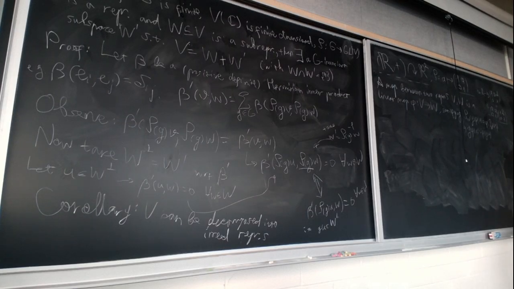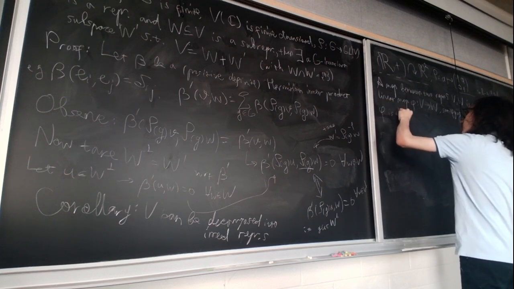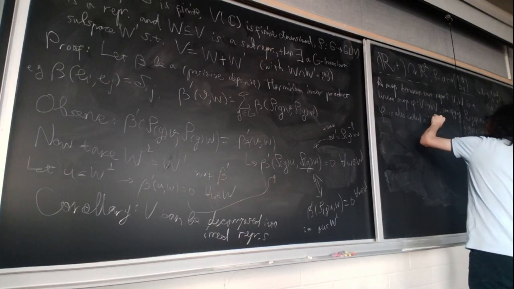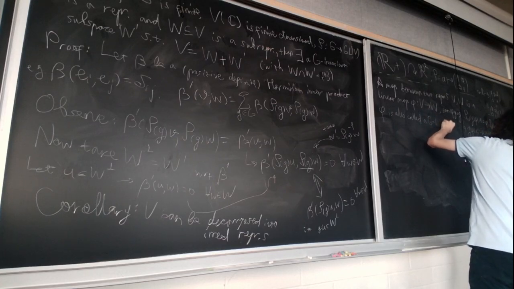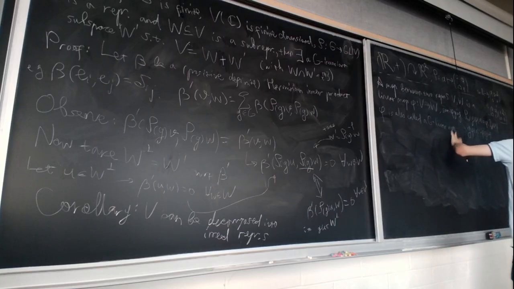So it's a linear map that plays nicely with group actions. Phi is also called a G-linear map. That's what Fulton and Harris call it.